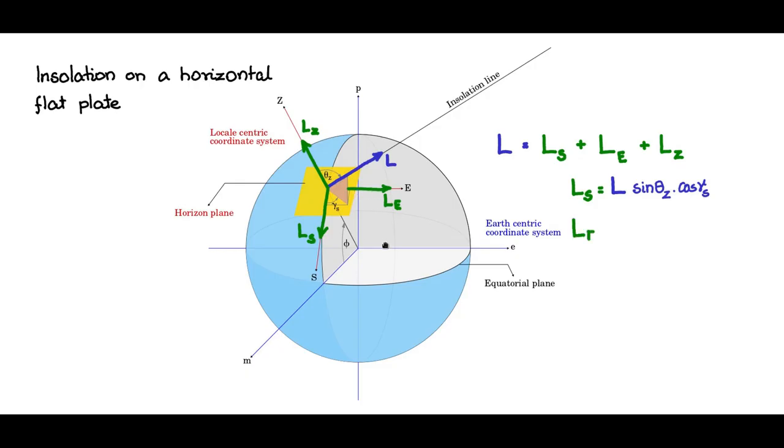Likewise, the value of the insolation vector along the east axis will be L sine theta z and sine gamma s. And the component of the insolation along the zenith axis is nothing but L cos theta z. And this L cos theta z is the important insolation component, as that is normal to the horizon plane, or normal to a horizontal flat plate placed at the locality.